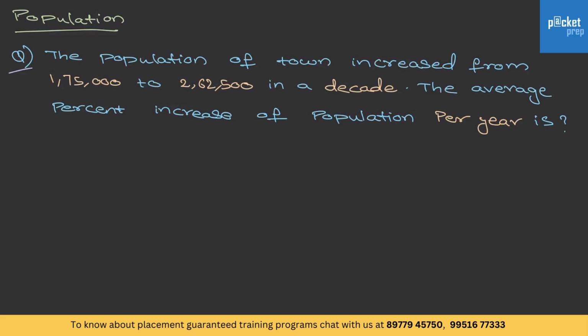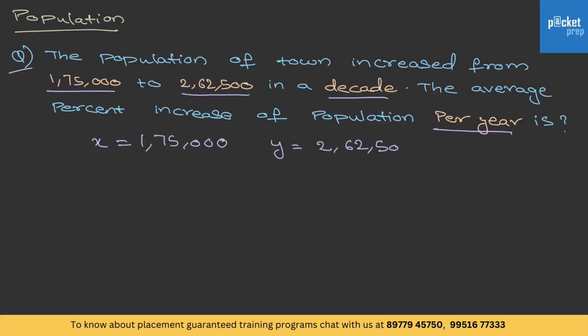Coming to this question, given the population of a town increased from 1,75,000 to 2,62,500 in a decade, find the average percent increase of population per year. So let X be the initial population, that is 1,75,000, and Y be the present population, 2,62,500.